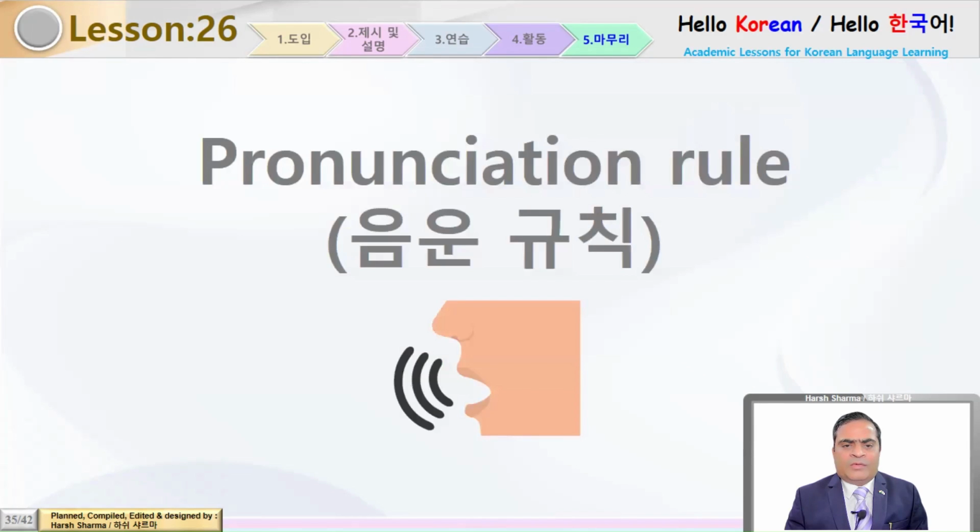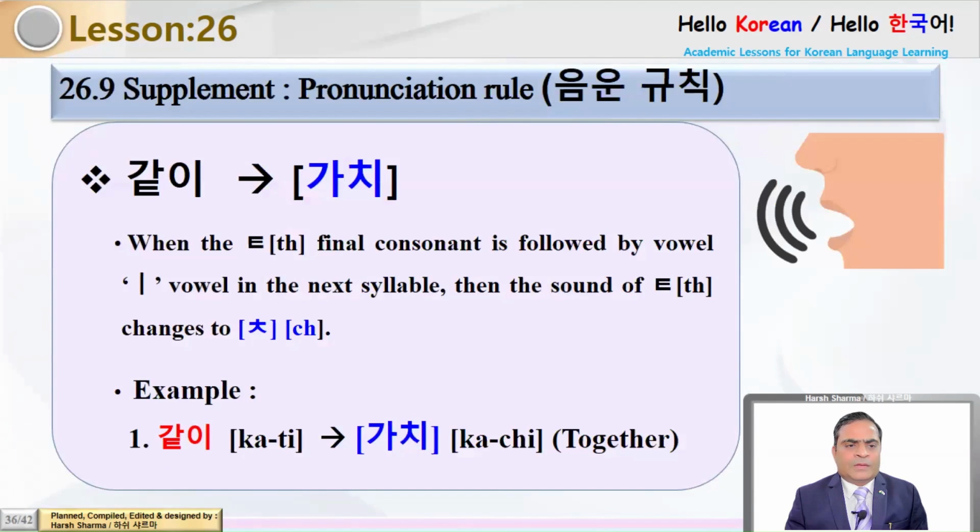Now it's time for one pronunciation rule, 여러분. See this. If you see the spelling of this word, as per the 받침 pronunciation rule, the pronunciation of this word must be 가티. You remember this ㅌ is also pronounced as ㄷ at the 받침 position. And when it is followed by a vowel, even if we carry forward the original sound, it must be 가티.